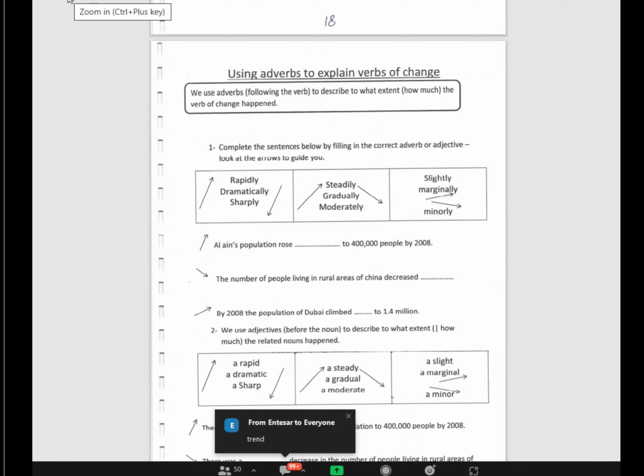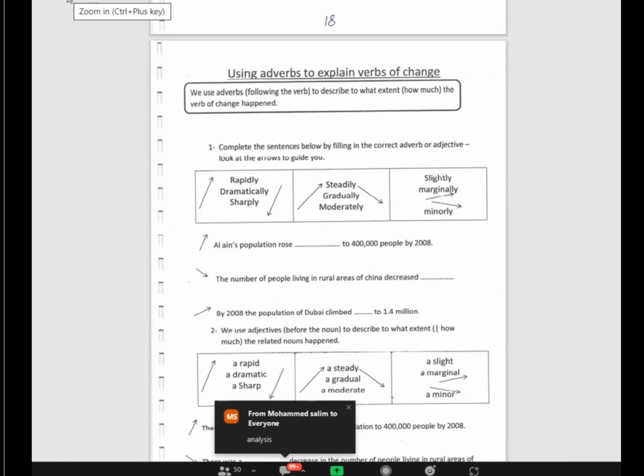And in the body, we describe the main features. Very good. We analyze the main features from general to specific.